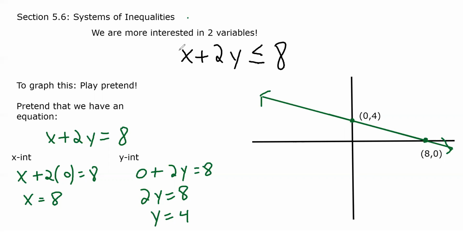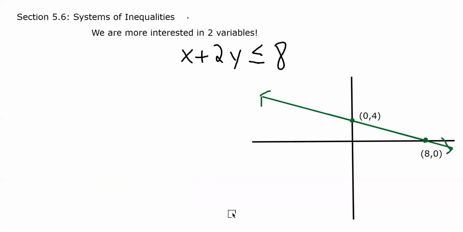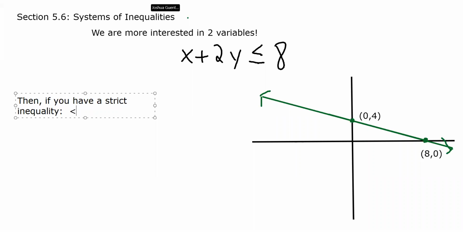So whenever you're graphing these, you always start out assuming that you just have an equation, like you're just graphing a line. But then we need to do a few extra steps. Then, if you have a strict inequality, that is, if you're using a strict less than sign or a strict greater than sign, use a dashed line.